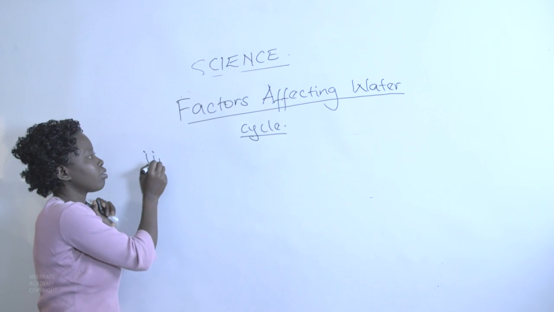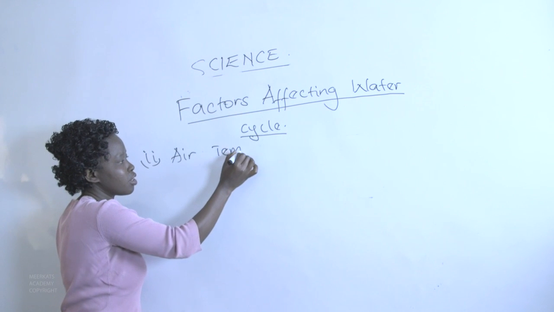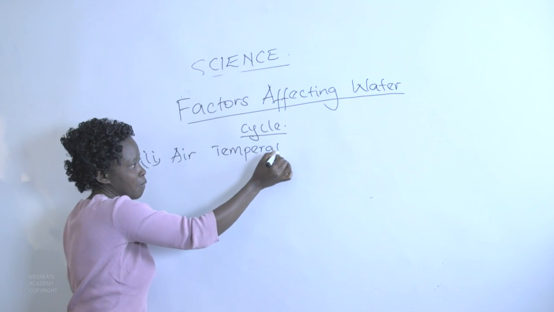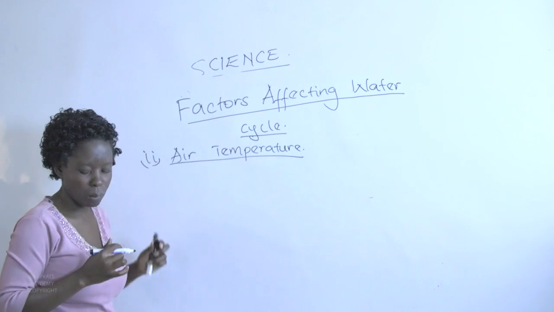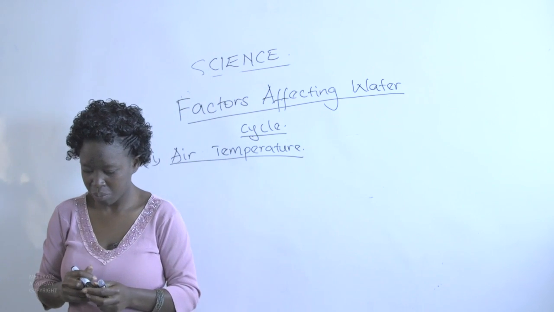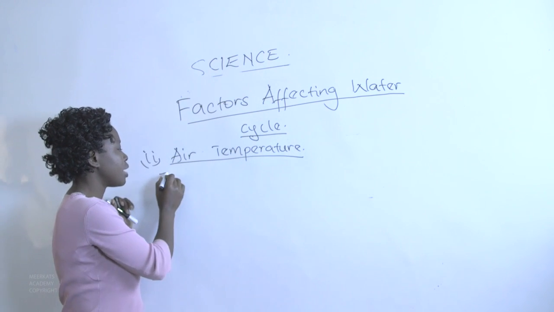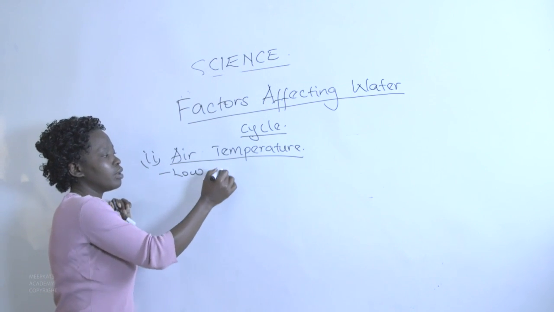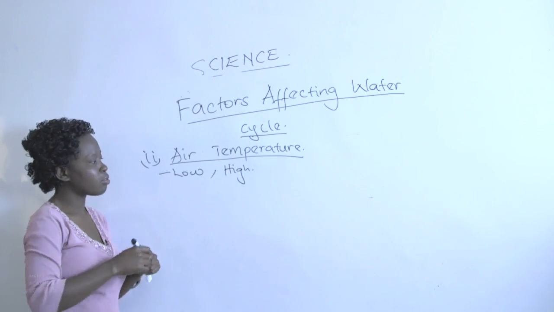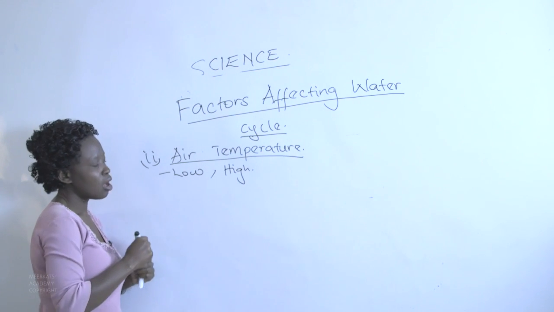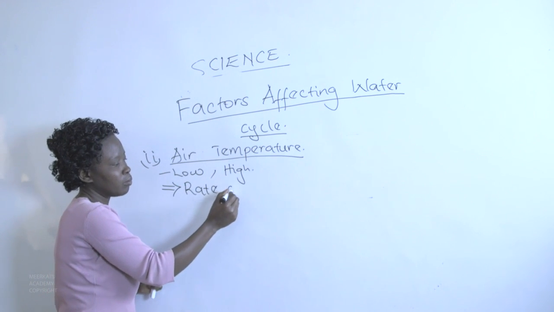Another factor that affects the water cycle is air temperature. The air temperature can either be low or high. So what does this mean?